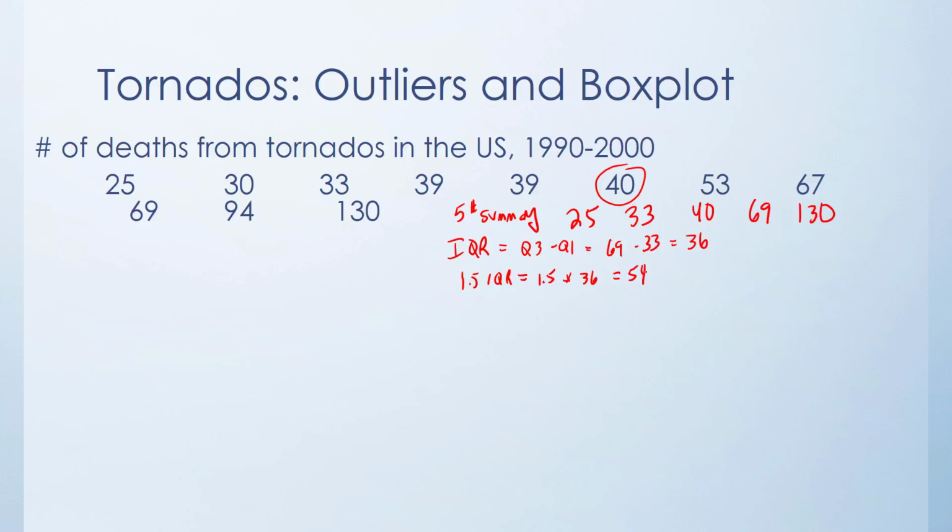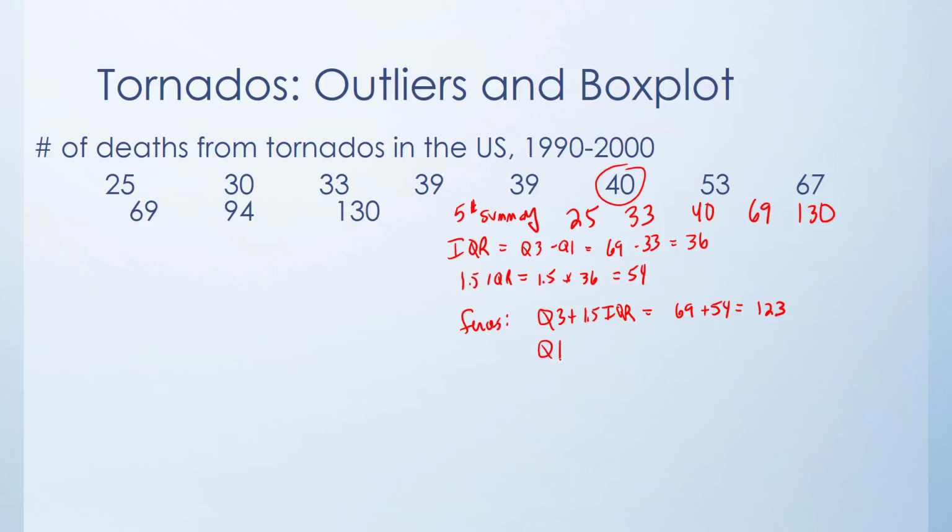Now we calculate our fences. Q3 plus 1.5 times interquartile range, anything above that is an outlier. So 69 plus 54 is 123.